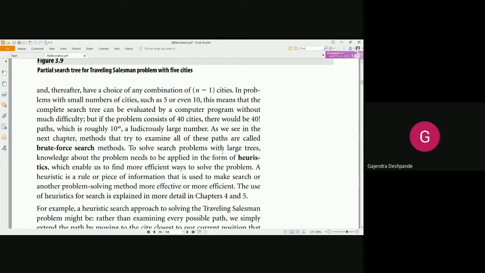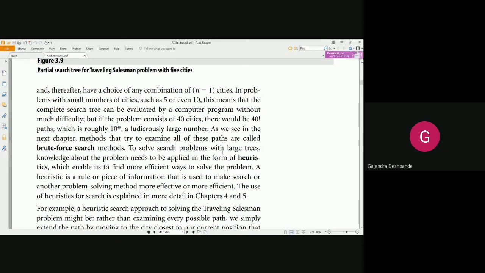The next is to consider heuristic search. So we are going to discuss heuristics in detail when we reach that topic, but heuristics are certain conditions, certain formula, certain rules we are going to apply in order to select the next city.